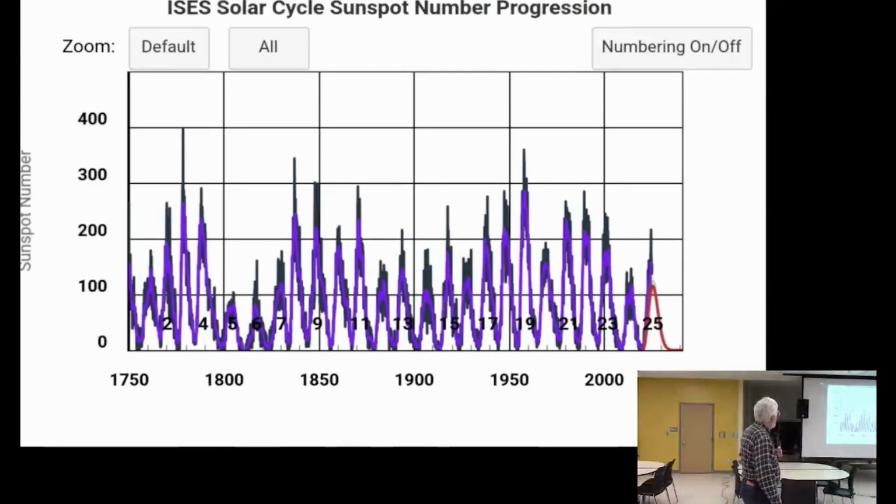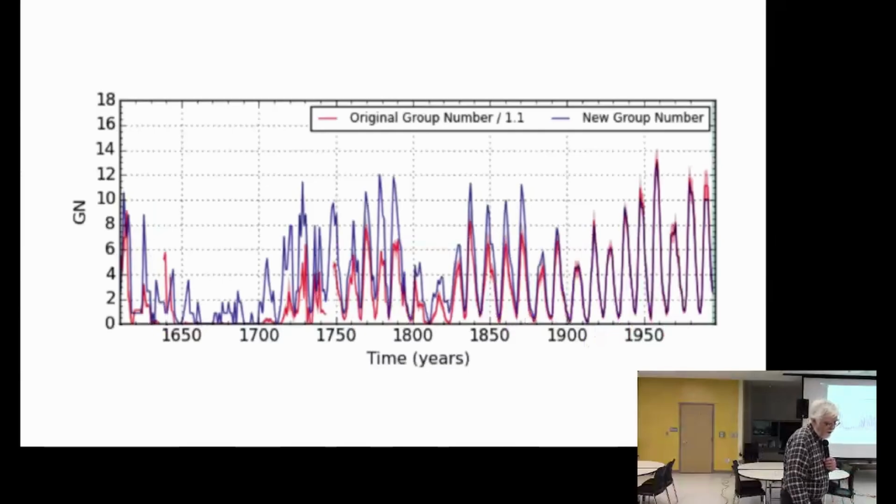If people try to analyze these cycles, right now it appears to be stochastic, that is random. And as you can see, we're doing much better than the last sunspot cycle, but we're nowhere near the previous cycles.